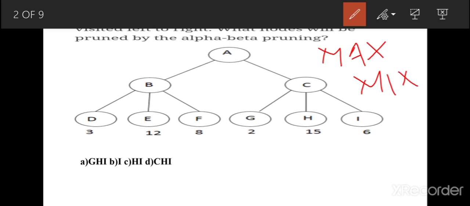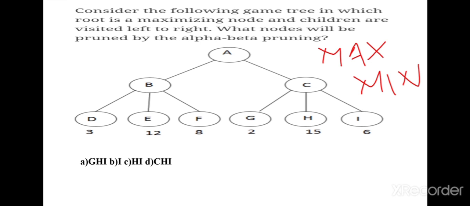We have to visit the nodes from left to right. What nodes will be pruned by alpha beta pruning? We have to find the nodes which are pruned, that is, the nodes which are not visited.